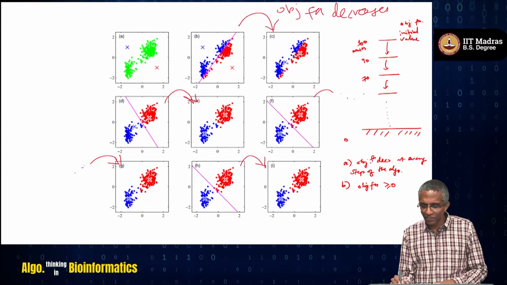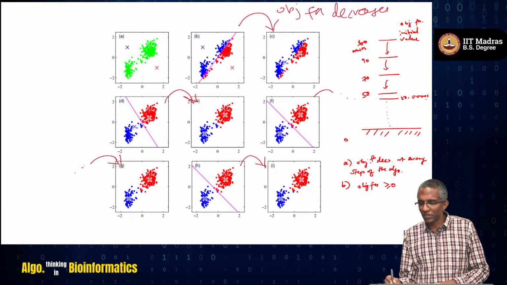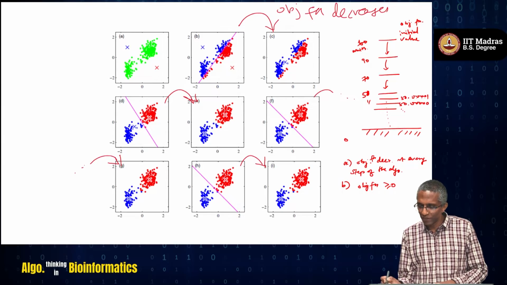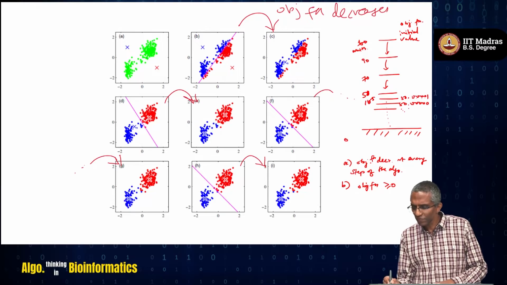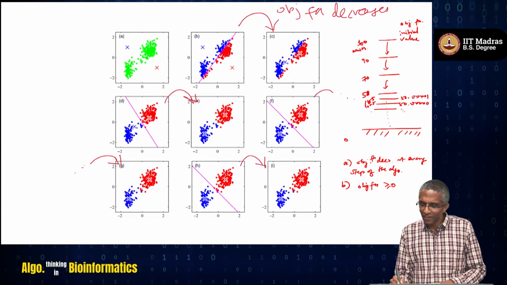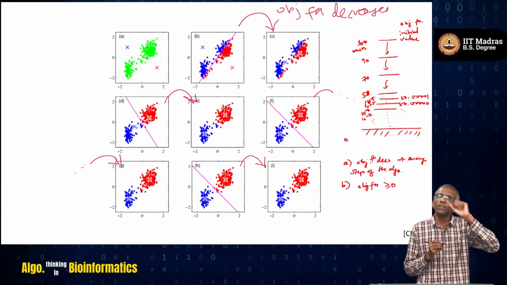Let's say that it reaches 51, and then instead of reducing in bigger amounts, it may reduce by just 10 to the power minus 5, and then by another 10 to the power minus 5, then 10 to the minus 6 next, 10 to the minus 7 next, and so you can have infinitesimal improvements in your objective function.